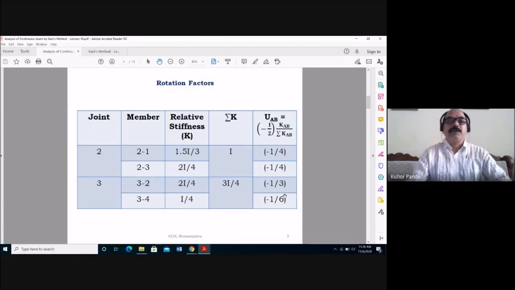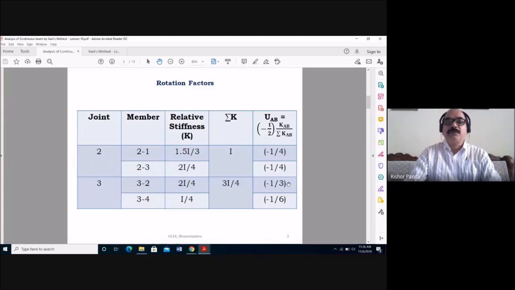So always you have to check. At the joint, the sum of the rotation factors should be minus half. Always, at each joint, the sum of the rotation factors should be minus half. Here you see this is minus 1 by 4, this is minus 1 by 4. What is the summation of these two values at joint 2? This is minus half. And here also at joint 3, for the 3-2 member this is the rotation factor, and for the 3-4 member this is the rotation factor.